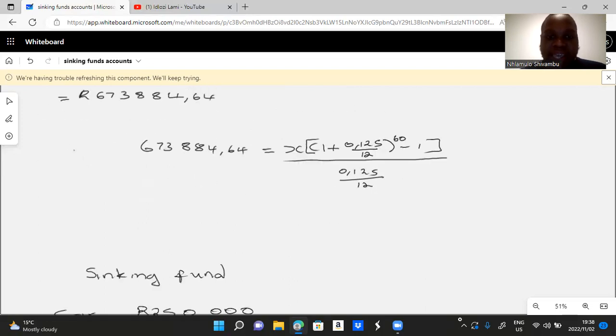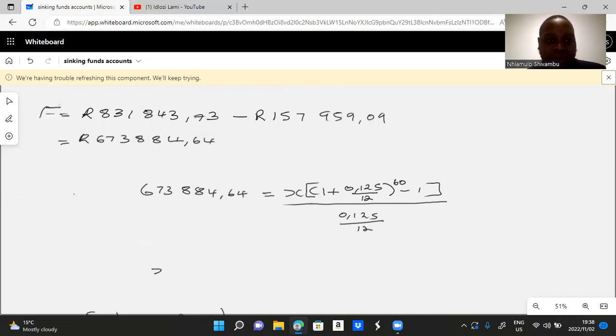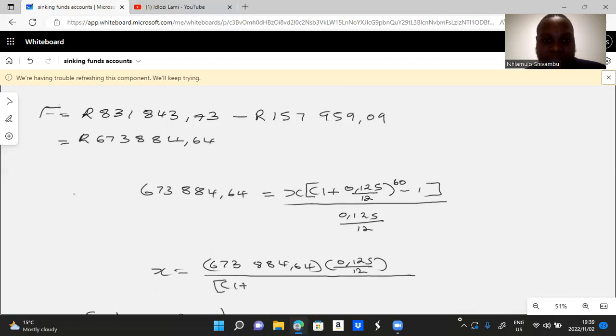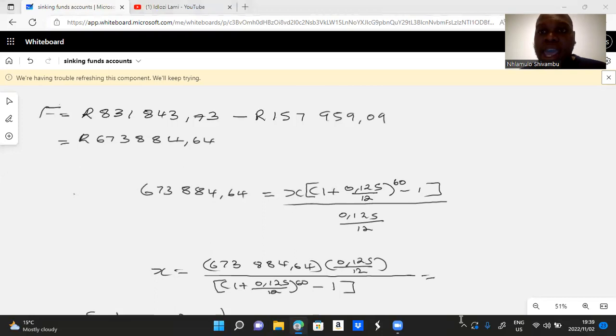And now what you need to get here is the value of X. So the value of X will be given by 673,884.64 times 0.125 over 12, and then you divide everything by 1 plus 0.125 over 12 to the power 60 minus 1. So this will give us the value of X, which is the monthly installment.